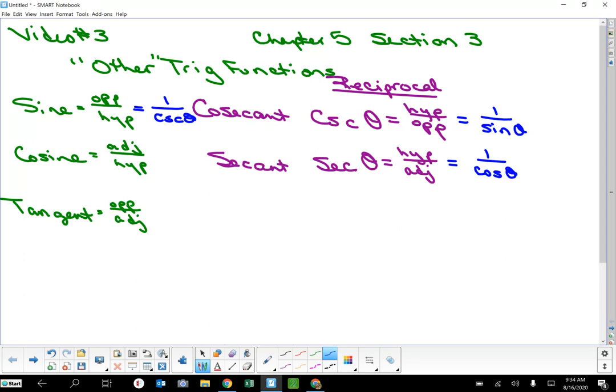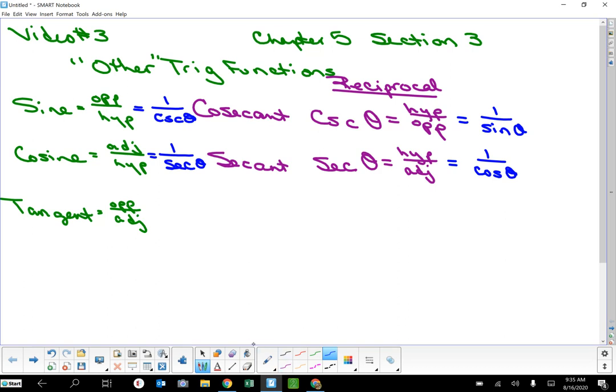And that substitution, if you see secant, you might want to put in 1 over cosine, or you might want to put in hypotenuse over adjacent, or those kinds of things. So there's some different ways that you can utilize your substitution. So if secant is 1 over cosine, then cosine is 1 over secant as well. So keep in mind that those go both directions, 1 over the reciprocal of it.